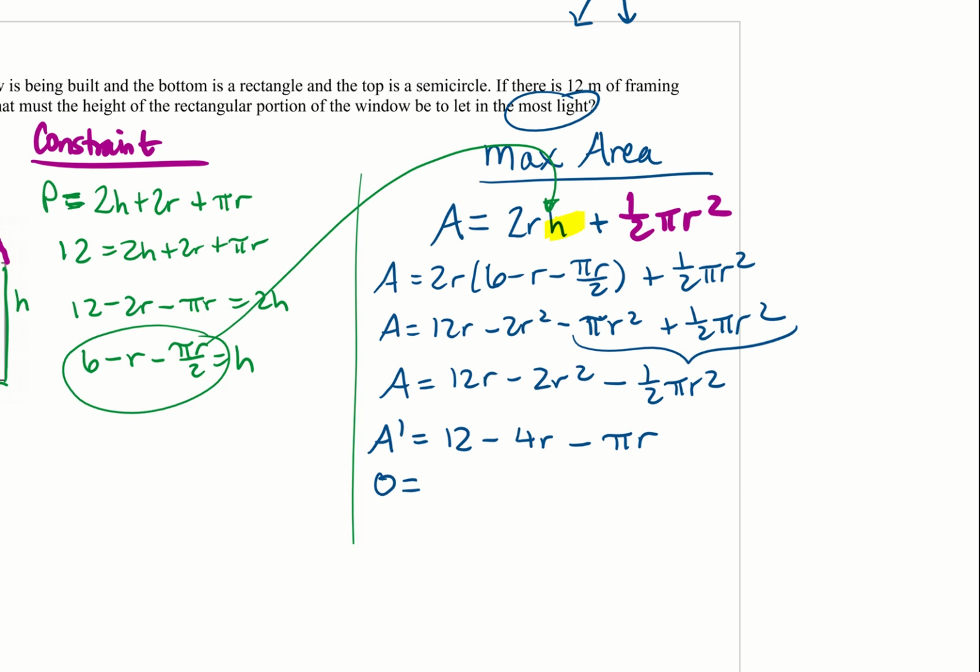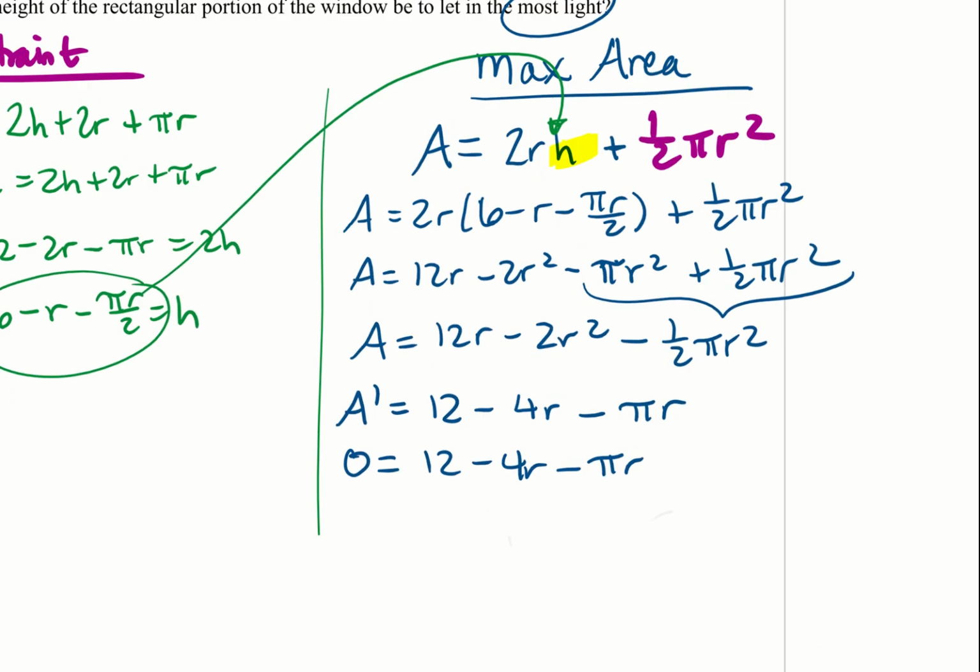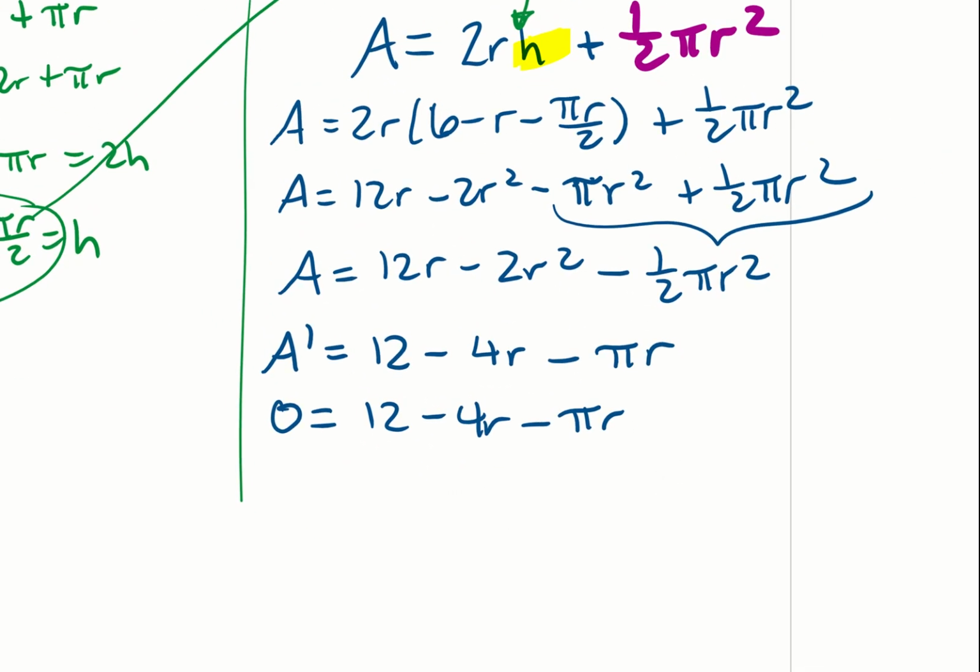So I want to solve this for r. If I remember correctly, this one kind of starts to make the most sense potentially as a decimal. Although we could solve it without, I could move the 4r and the pi r over to the other side and change their signs, factor out an r.